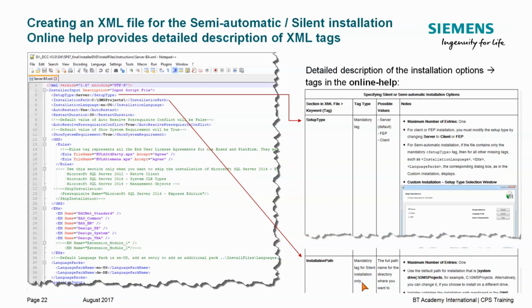It will then give you the option to select this, but for the silent installation, this is mandatory. If you're not defining this path, it would basically lead to an installation failure.